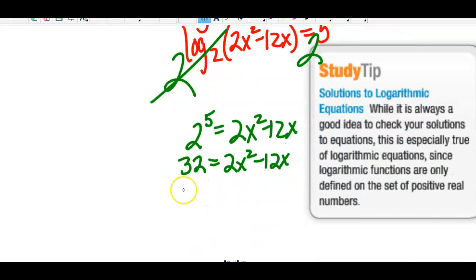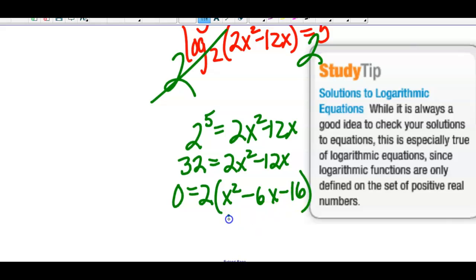At some point, we want to get it equal to 0 and take out a 2. So I'm kind of cheating steps here. And then this will factor x minus 8, x plus 2.